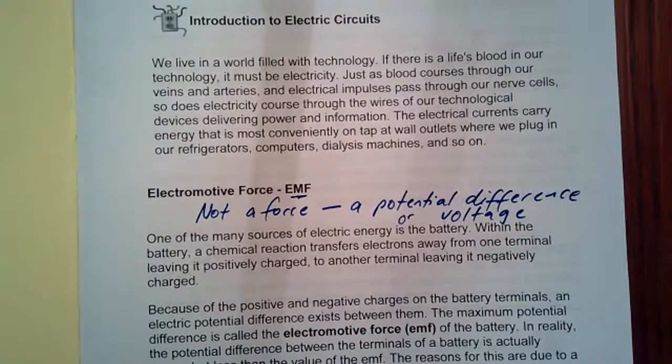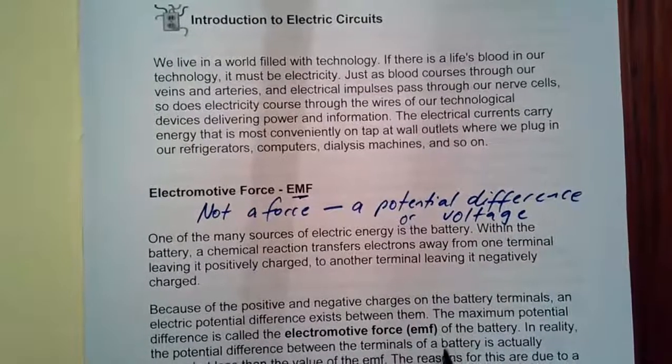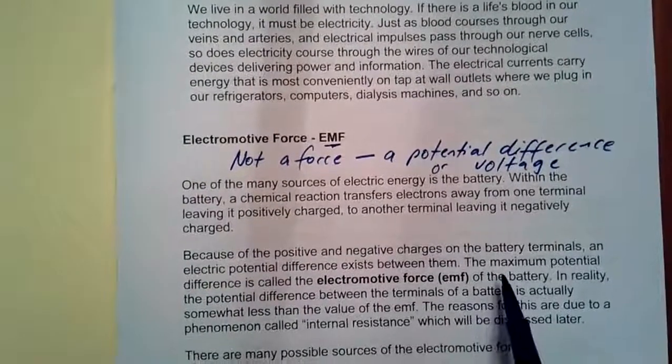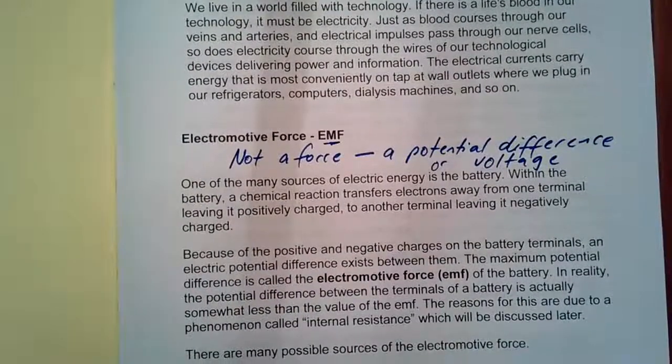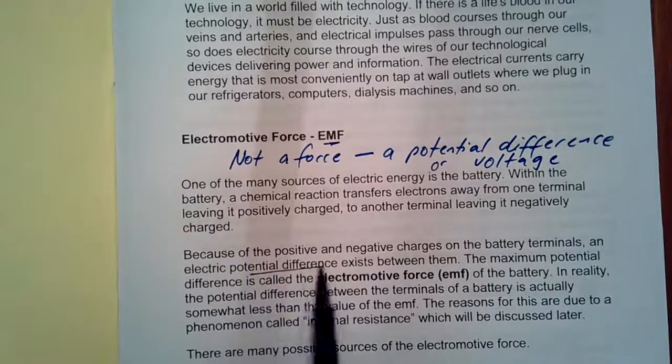One of the many sources of electrical energy is the battery. We're going to be going over the sources of energy in more detail later on. We call it AC or DC. Because you have positive and negative charges on the battery terminals, you create an electric potential. So the key word here is potential difference.